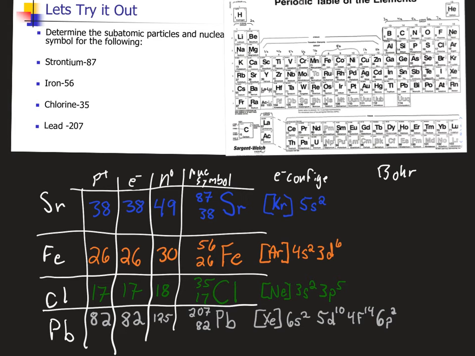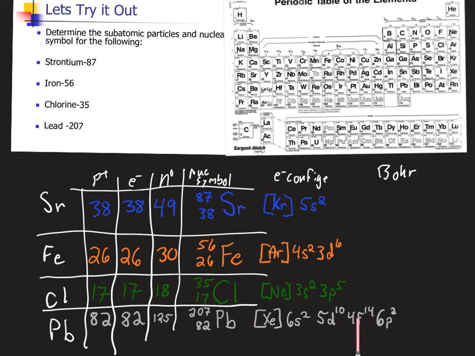Now, Bohr models, I don't know if I'm going to be able to draw things small enough for that. But again, a lot of it comes down to how many circles is based on the outer edge. So strontium should have 5 circles. Iron should have 4. Chlorine should have 3. And lead is going to have 6.